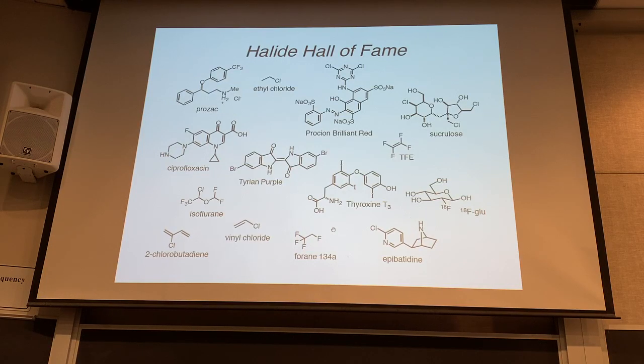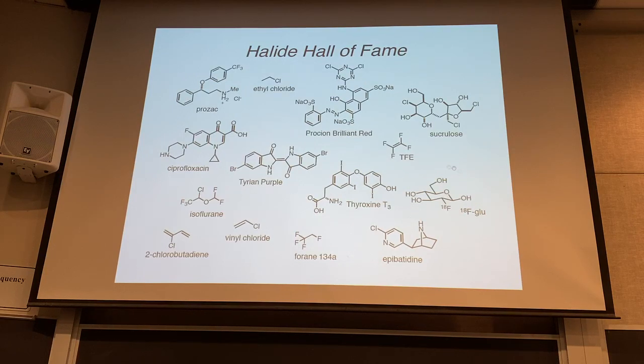Thyroxine, anybody know what that compound does? Produced by the thyroid gland to control metabolism in the body. And notice it's an iodine compound, 3 iodides on here. It's actually a variety of these thyroxine halogenated aromatic compounds that are hormone-like in their activity. And then we have what?